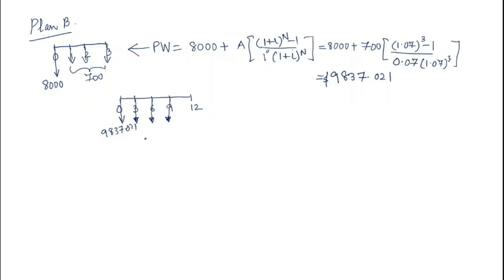So if I find out the present worth, we have to treat each individual transaction as the future value and find its corresponding present worth. So if I write the expression, the present worth for plan B, this is already at present, so I'll write it as it is.